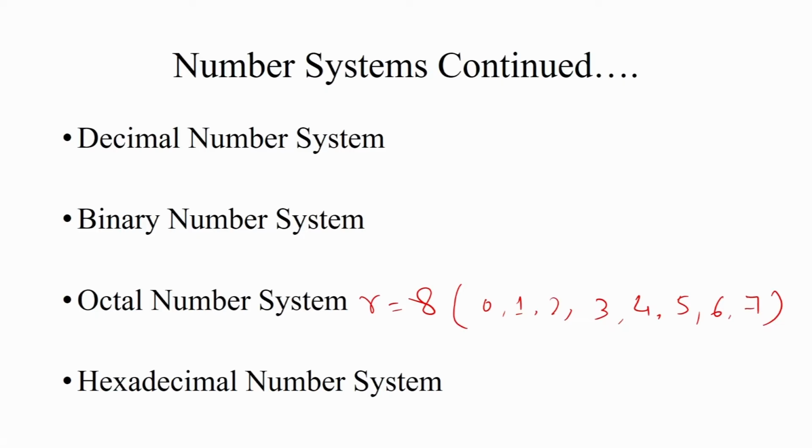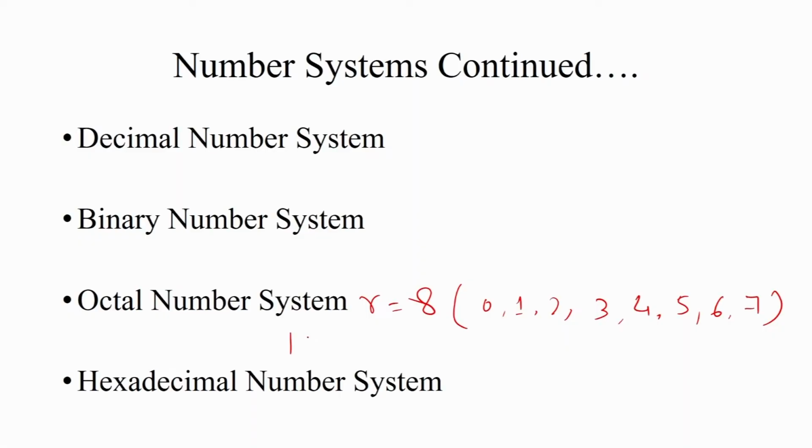If more than that, meaning 8 or 9, are used to represent a number, then it is not an octal number system. Like here, 1, 2, 5, 7.55 is a base 8 number system, meaning an octal number system, because we use digits from 0 to 7 for representing this number.